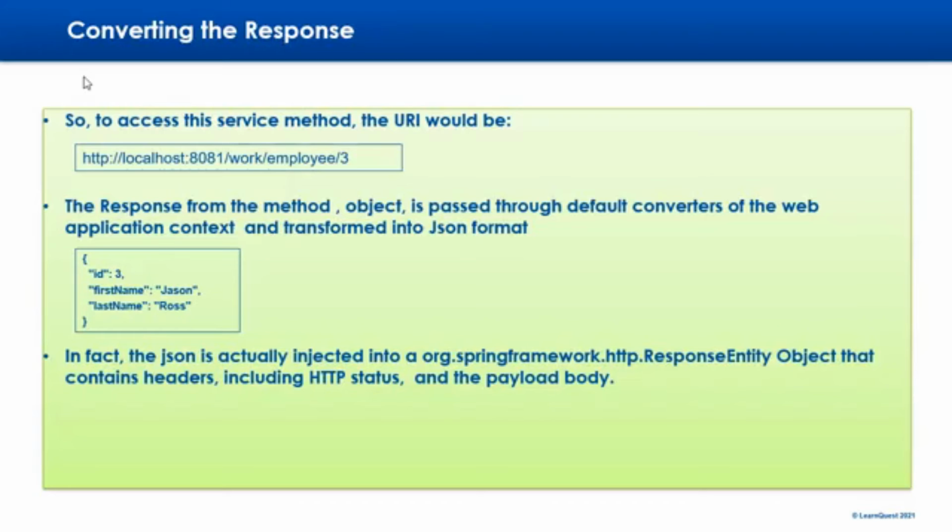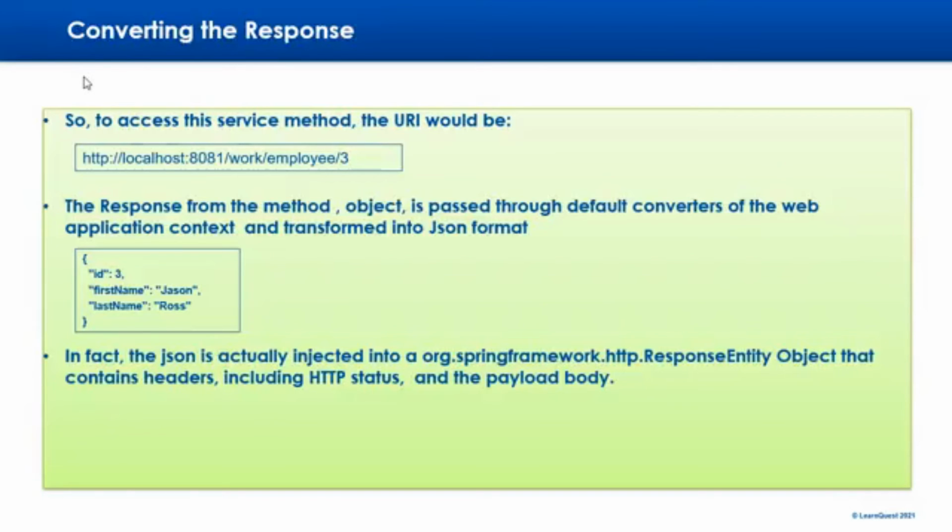So if I put in this URL, with the context root, employee controller, REST controller, and then 3 in the placeholder, I should get the employee coming back in JSON format. In fact, it's being put into a response entity object, which might include headers and a status. And what you're actually looking at here is the payload.